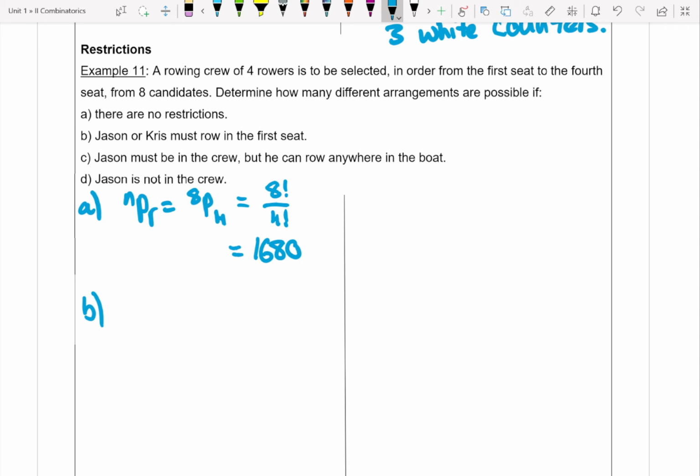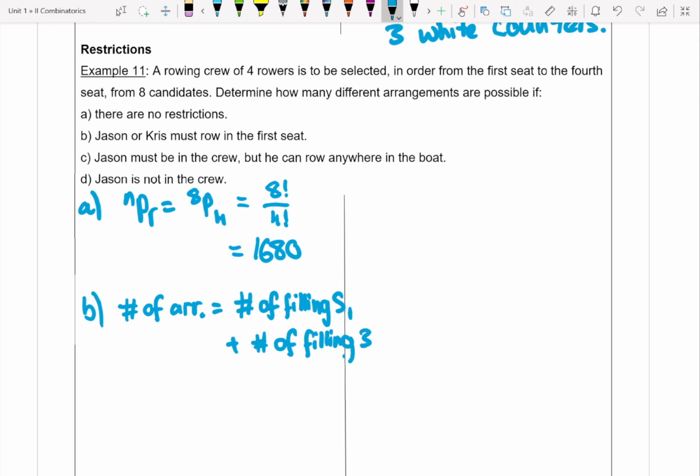So for part B, Jason or Chris must row in the first seat. So the number of arrangements is going to be the number of ways of filling seat 1 plus the number of ways of filling the other 3 seats.